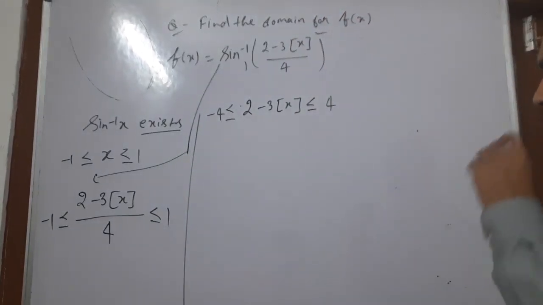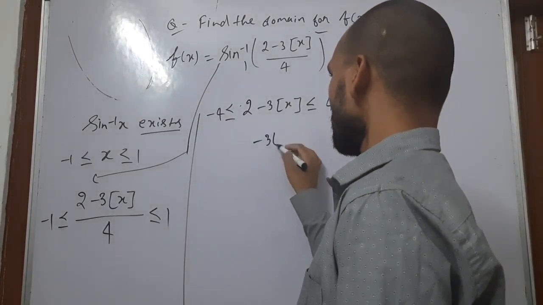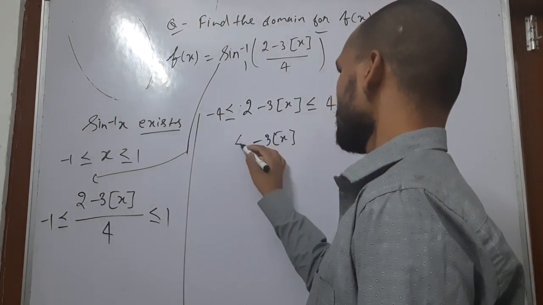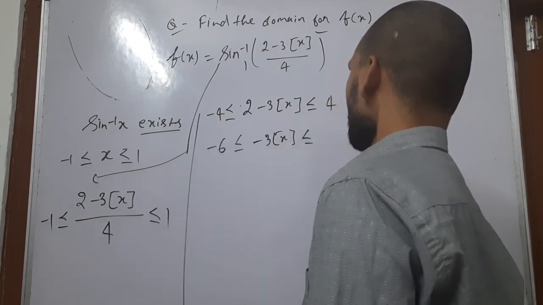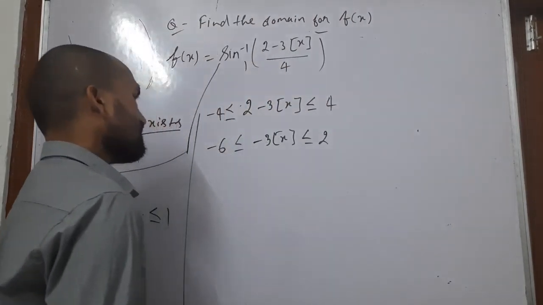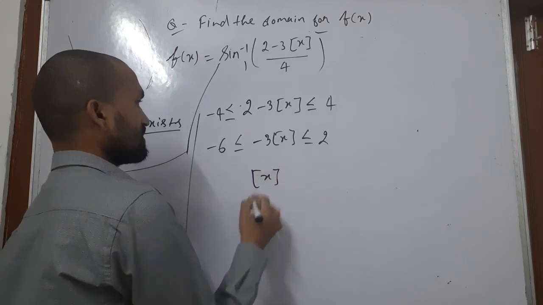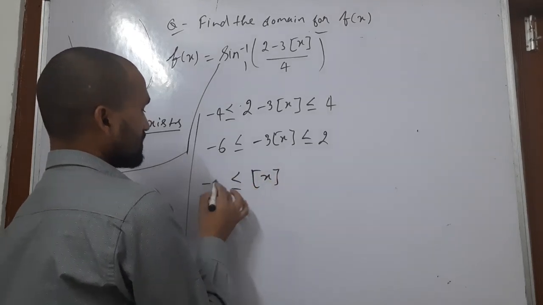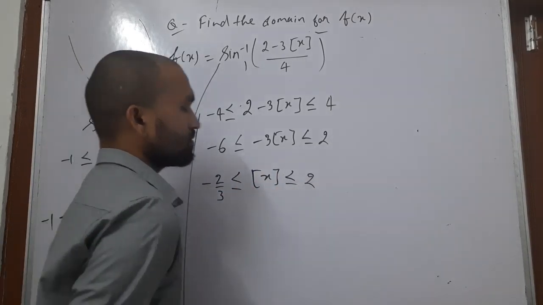Okay, now I am simplifying this. We get that -3 times the greatest integer x is greater than or equal to -6 and less than or equal to 2. After simplifying, we get that the greatest integer x is greater than or equal to -2 by 3 and less than or equal to 2.